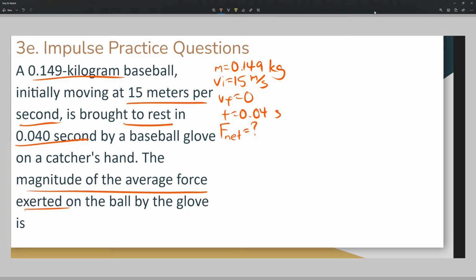Alright. So again, we don't have impulse, we don't have J, so we're just going to do this. This is the form we're going to use. F net T, with T being 0.04. Delta P, again, is mass final velocity minus mass initial velocity.